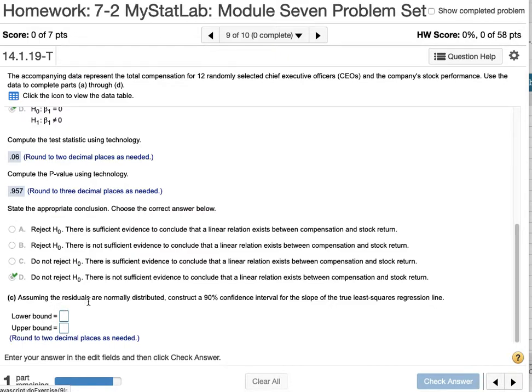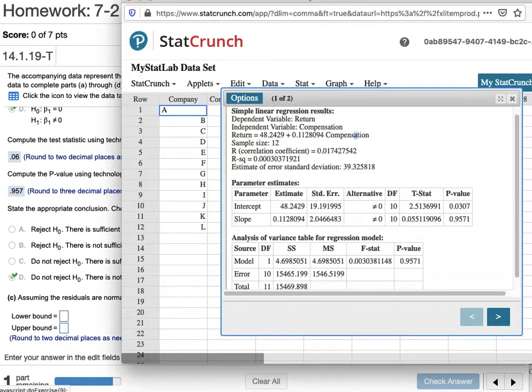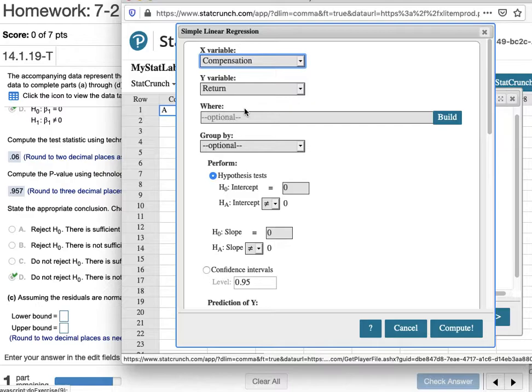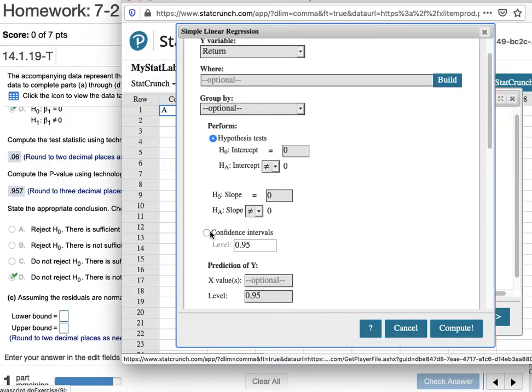Okay, assuming the residuals are normally distributed, construct a 90% confidence interval for the slope of the true least squares regression line. So we're just going to go in here and go into options and then we can edit. We're going to be doing the confidence interval, and that's at 90%.